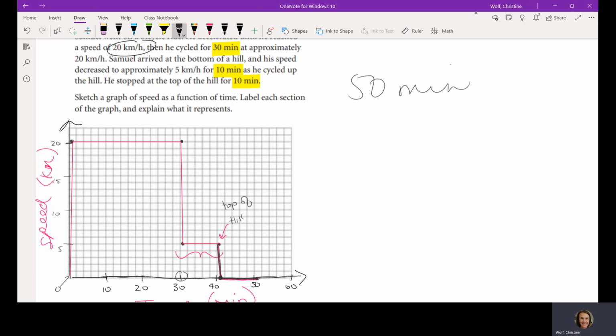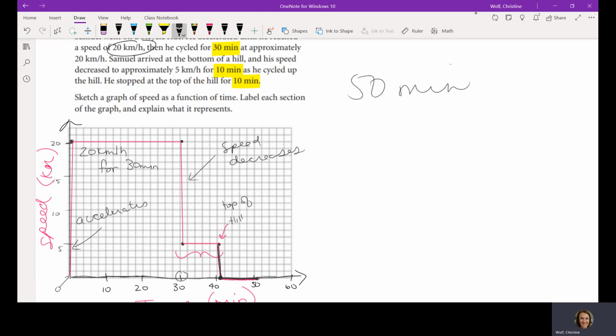Okay, so this is what we have. Right here is where he accelerates, and it takes him barely any time at all, seconds, okay? Right here is where he is going 20 kilometers an hour for his 30-minute bike ride, okay? This is where his speed decreases.